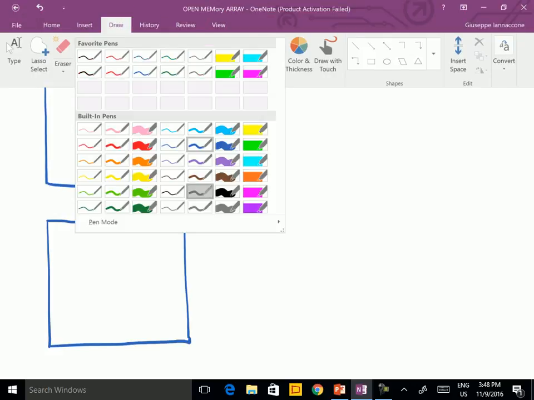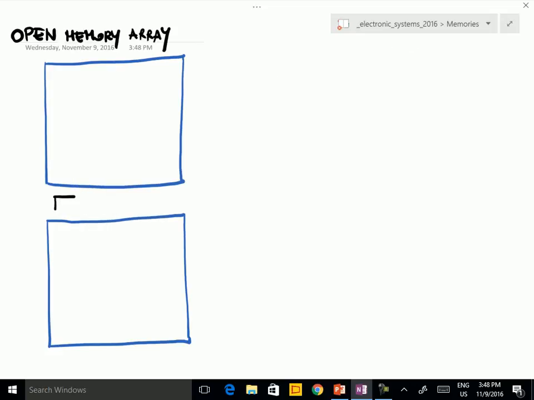So for example, we need a sense amplifier for each pair of bit lines. Let's assume that these small rectangles here are the sense amplifiers.